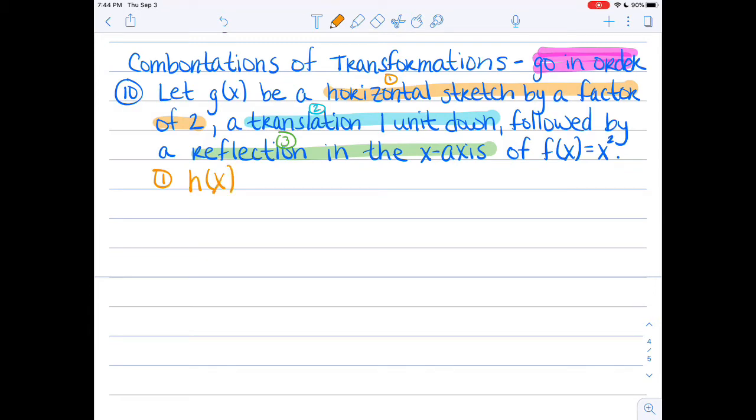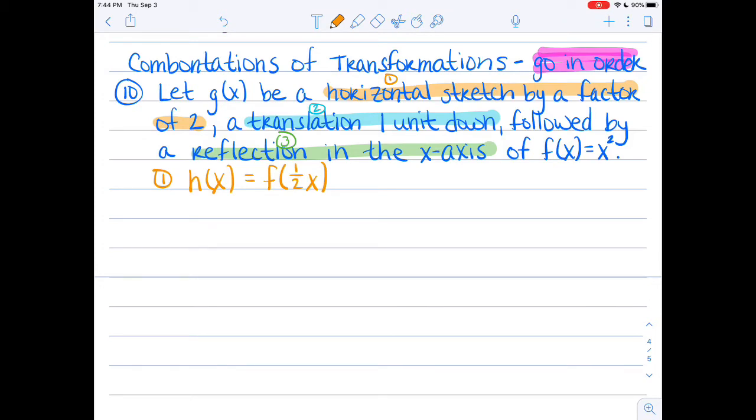And so H is going to be a horizontal stretch by a factor of 2. Remember that for a horizontal stretch, that factor of 2 is 1 over a, so I'm going to actually write 1/2 x, so f of 1/2 x, to indicate the horizontal stretch by a factor of 2.